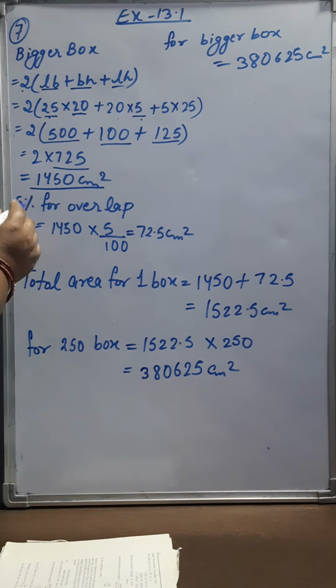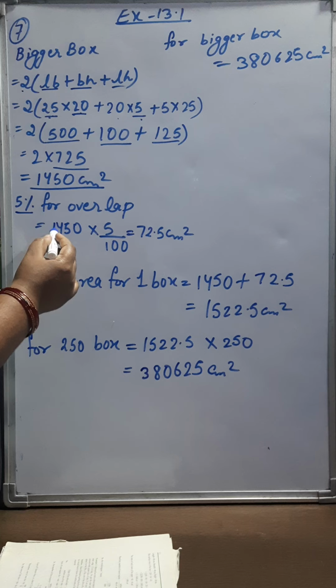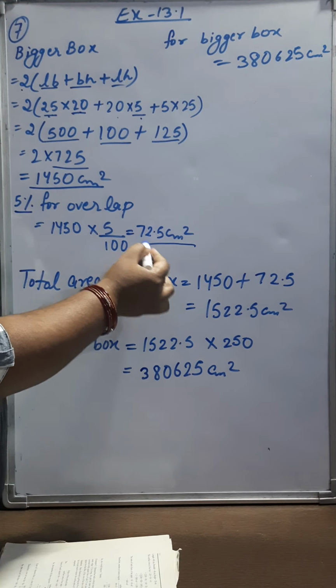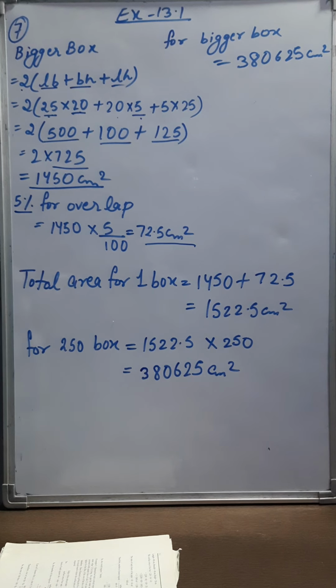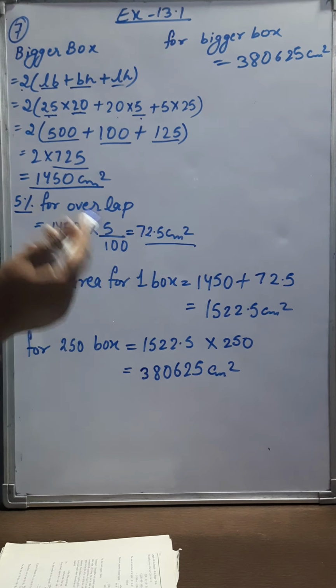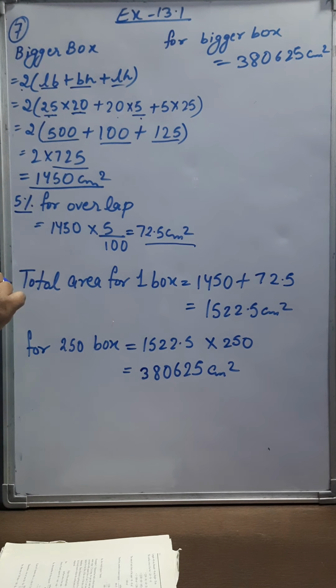So let us calculate how much extra area of cardboard is required. So we have calculated 5% for the overlap. 1450 into 5 by 100, we are getting 72.5 centimeters square. So for making one big box, we need 72.5 centimeters square extra cardboard.